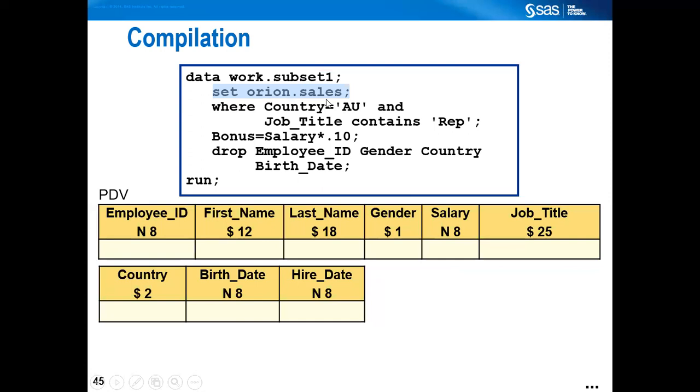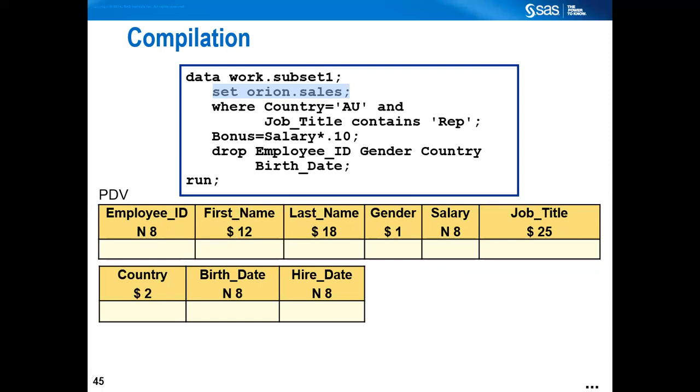Because it's an input data set, it has defined columns with defined attributes. The column names and their attributes are added to the PDV. So these are all the 9 columns from the input data added in the PDV with their name, type, and length. All good?